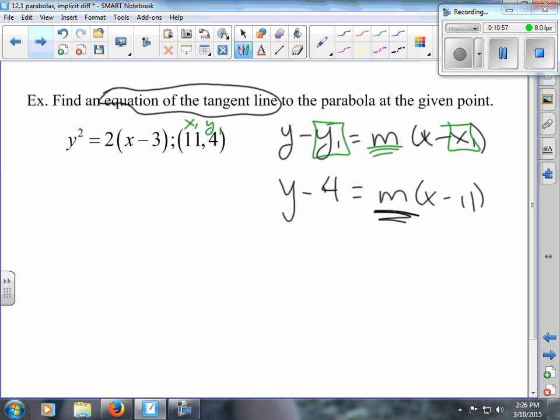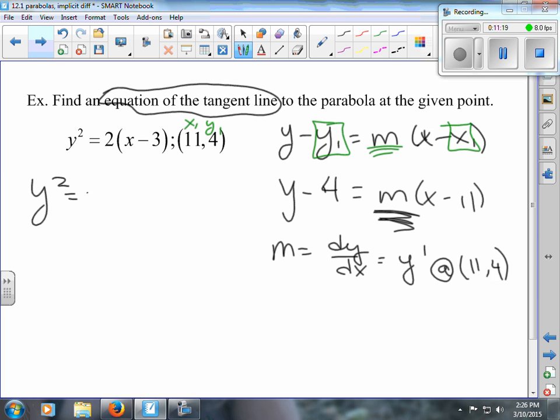The only question is, what in the world is the slope? So how do I find the slope? The slope is dy dx, or y prime. So I just need to find the derivative, and then I need to plug in the point 11, 4. Okay, so let's find the derivative of this. The parabola is y squared equals 2 times x minus 3.